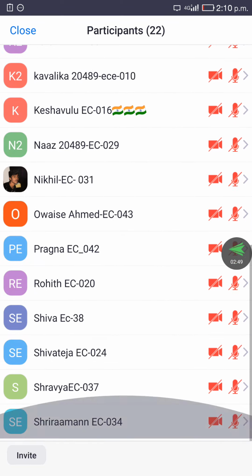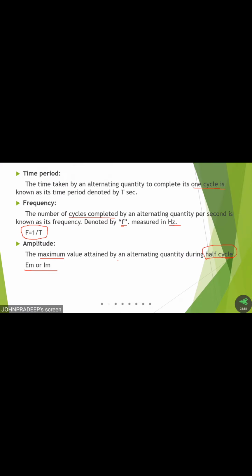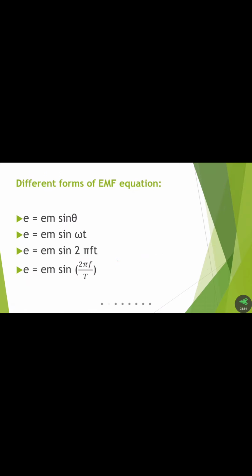Frequency is the number of cycles per second. That is denoted by f. The unit is hertz. Amplitude, peak value or maximum value can be defined as the maximum value attained by an alternating quantity during half cycle. These are the formulas we use to calculate the EMF value.